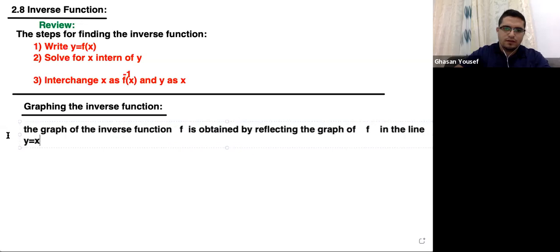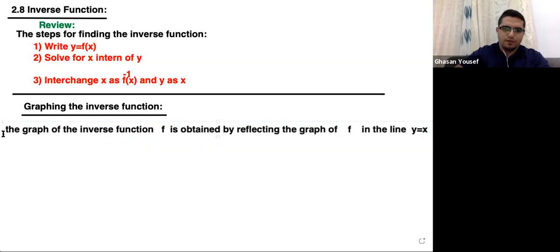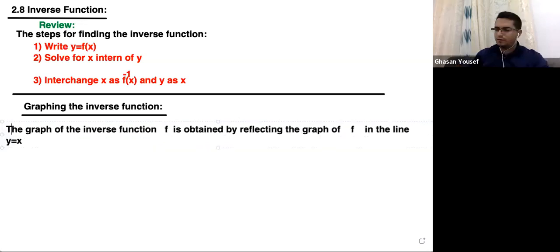So again, to graph the inverse function f inverse, we have to graph the original function f, then reflect it around the line y equal x.